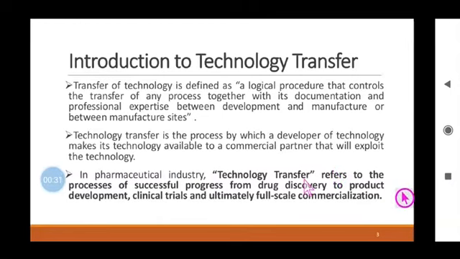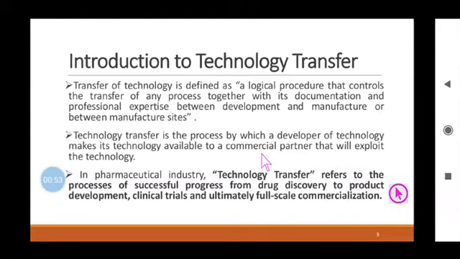First of all, we must understand what is exactly meant by technology transfer. Technology transfer is the process of transferring a formula from one manufacturing unit to another.